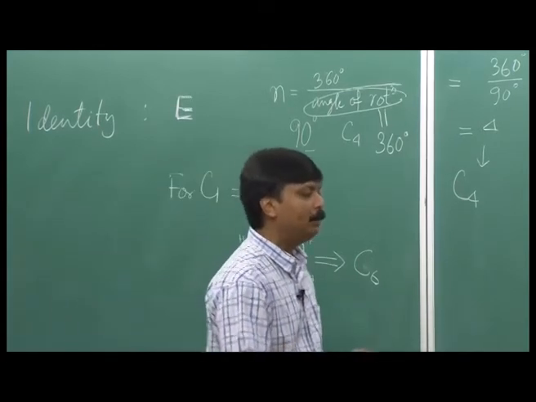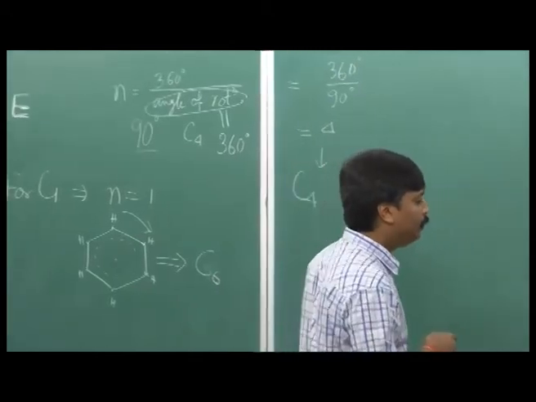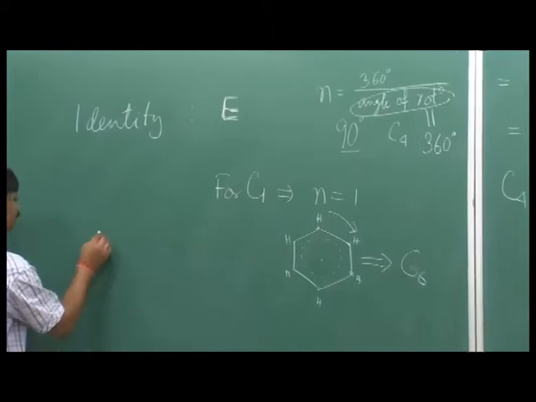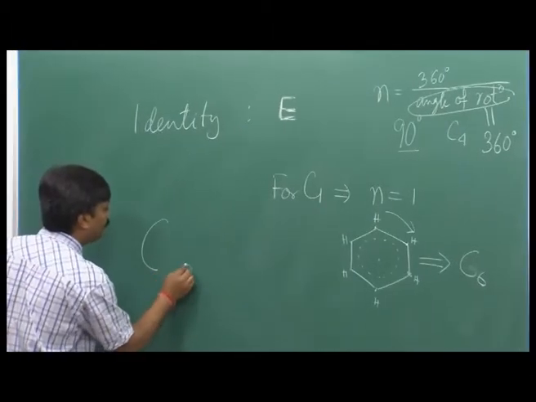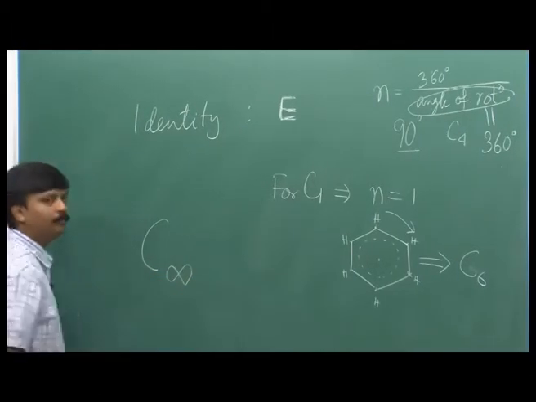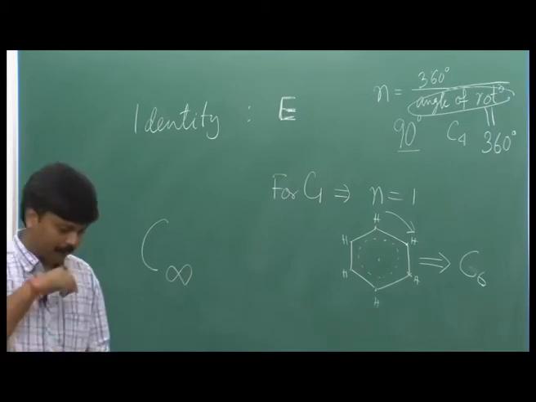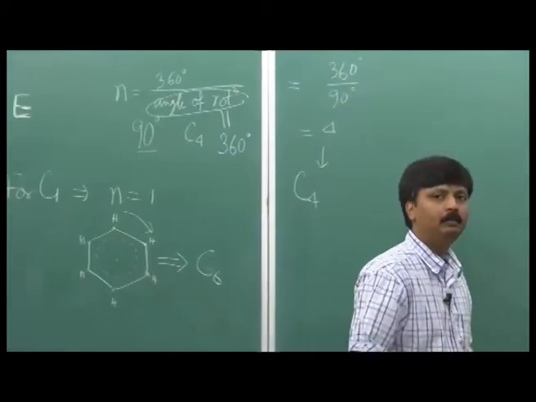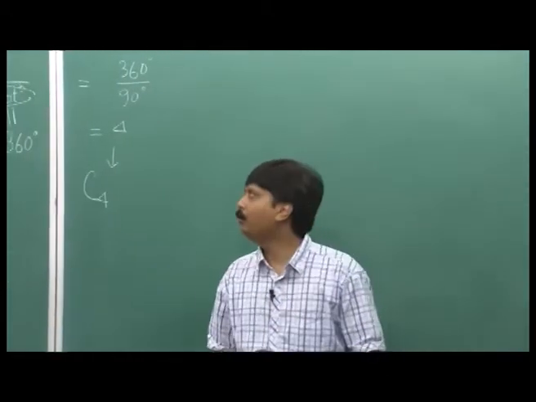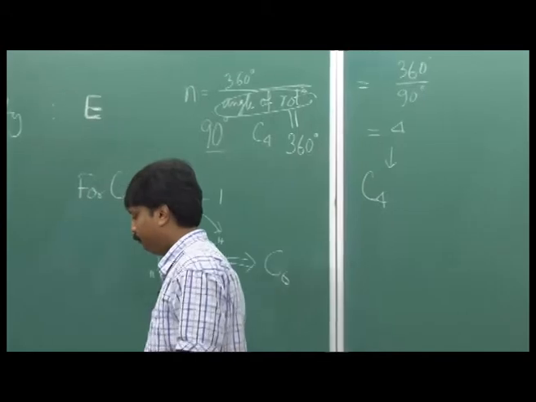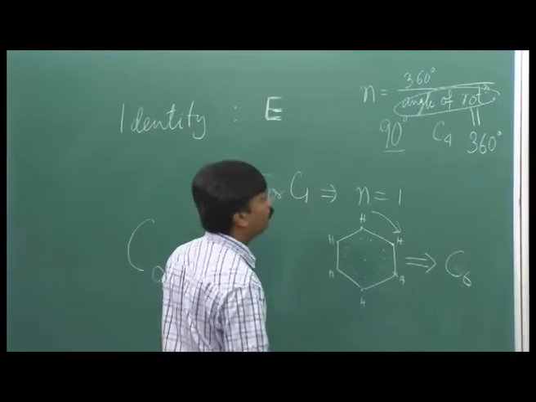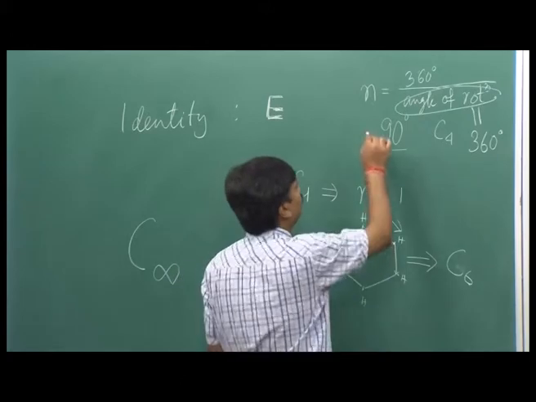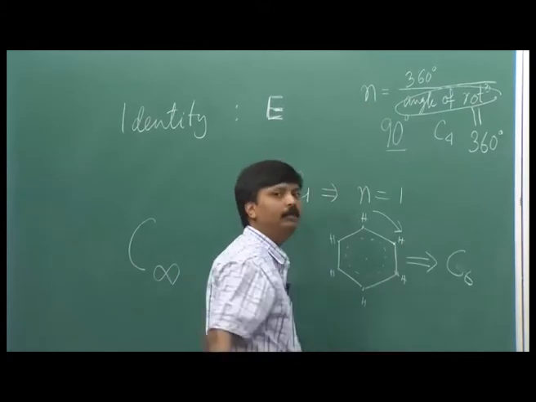Now in that way I can go on increasing. So can I have something which is C infinity? That is the question, right. So from this expression it looks like yes, I can have. What is the solution? That means here I have to have n equals infinity, right.